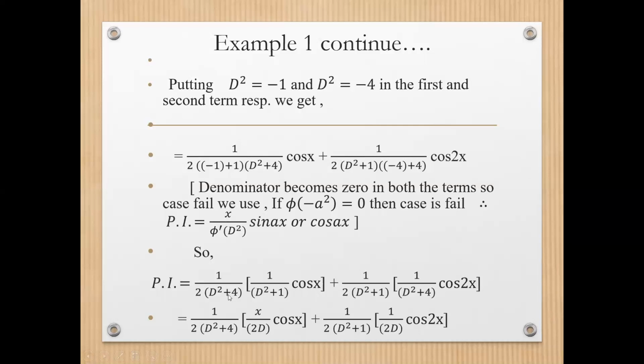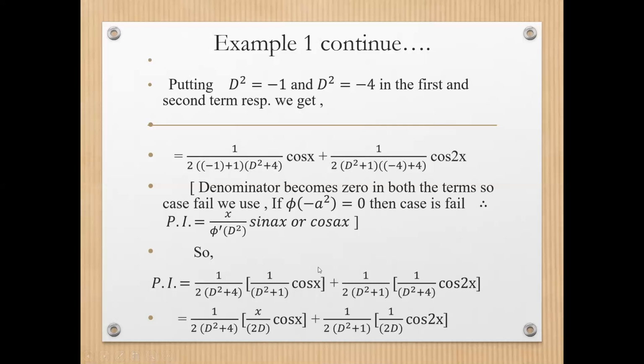I have taken D square plus 4 outside the bracket and D square plus 1 inside the bracket, because in the first term, if we put D square equal to minus 1 here, it becomes 0. That's why I have taken it inside the bracket. Here also, if we put D square equal to minus 4, this bracket becomes 0 and makes the denominator 0. That's why I have taken that bracket inside.